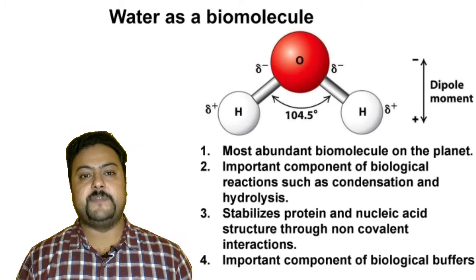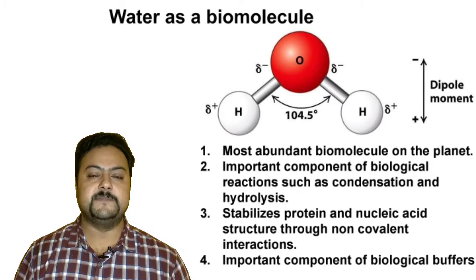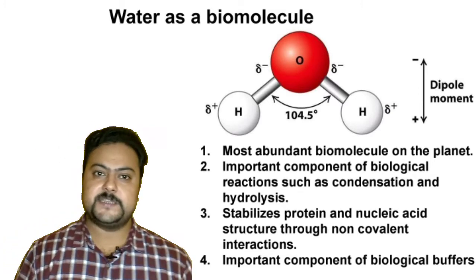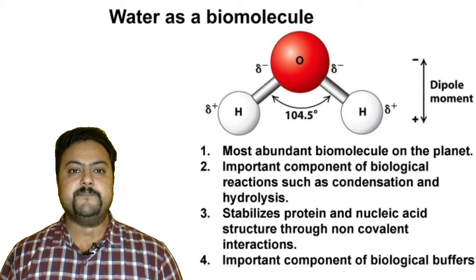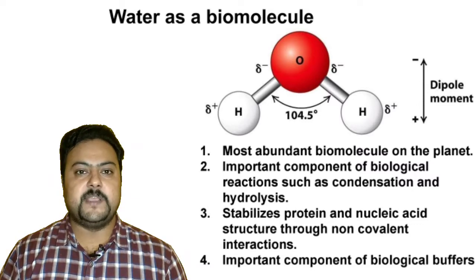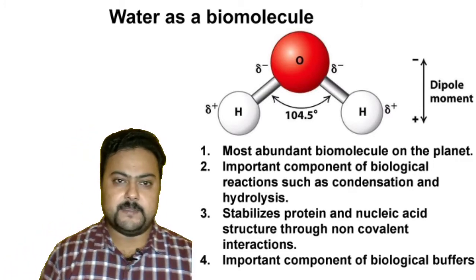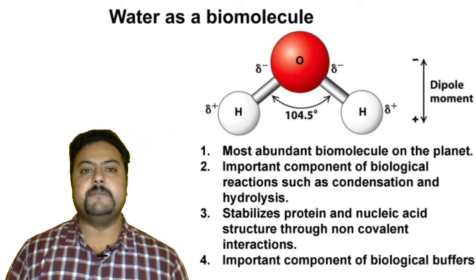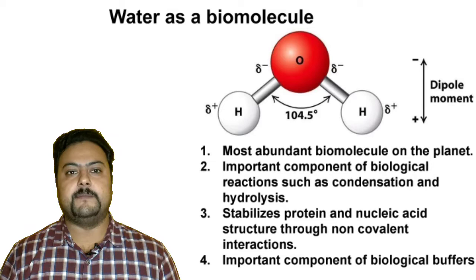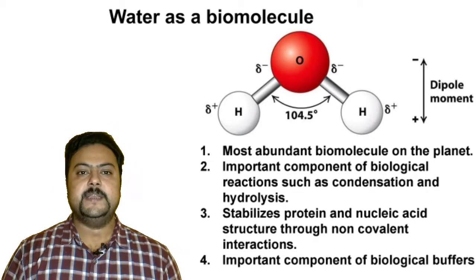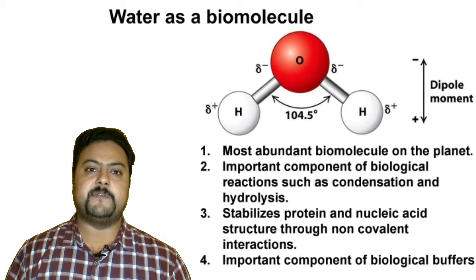Hydrogen bonds are very important in biological systems because they stabilize DNA structure, they stabilize the dissolving of any organic molecule in water. And biological buffers are also very important. For example, the blood in living organisms is made of bicarbonate buffer.